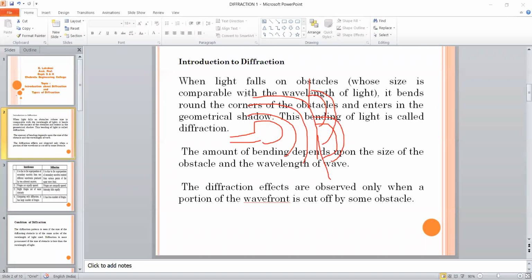So this bending property of light is nothing but diffraction. Simply, the wavefront being cut off by some obstacle is due to the phenomenon of diffraction. So that is the introduction about diffraction.